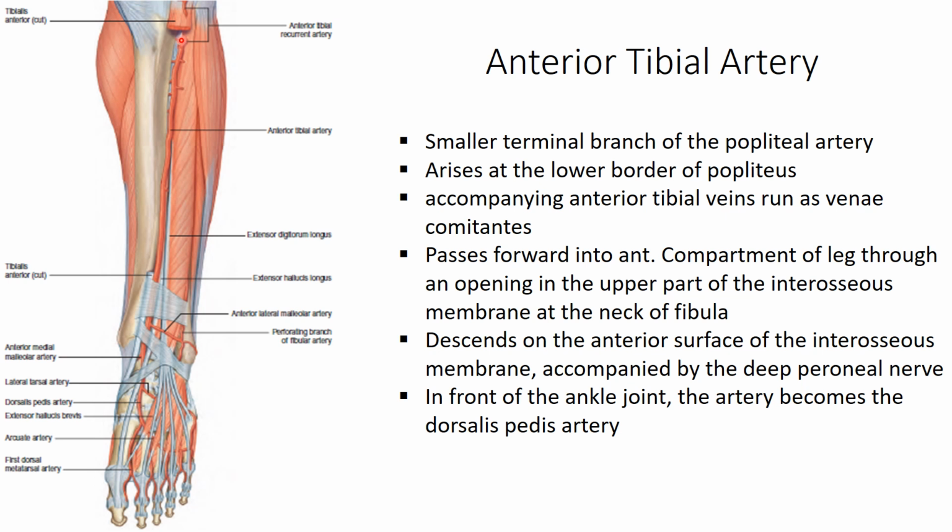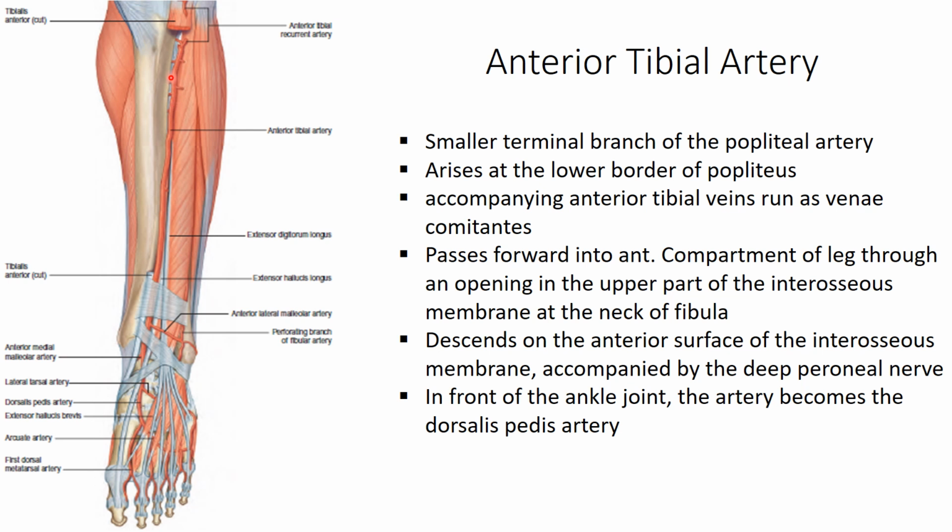So from this posterior portion, it comes to this anterior portion. From the calf, it is now in the anterior compartment, just anterior to the interosseous membrane, and it is accompanied by the anterior tibial veins which run on both sides of this artery as venae comitantes.